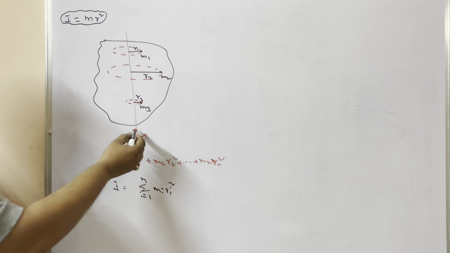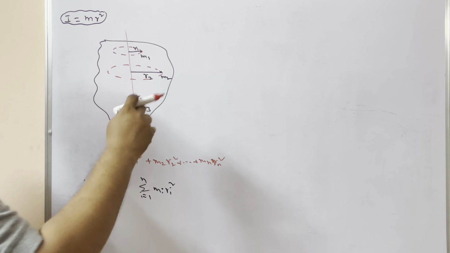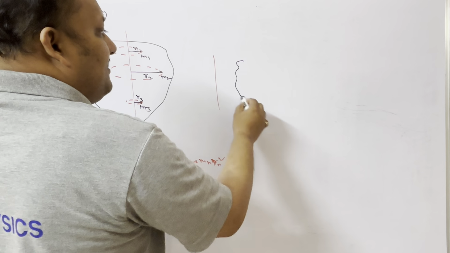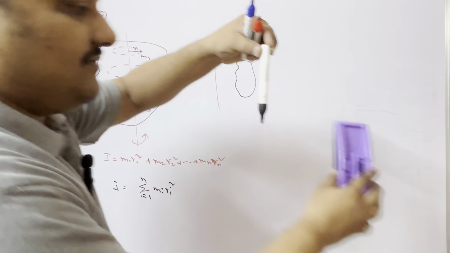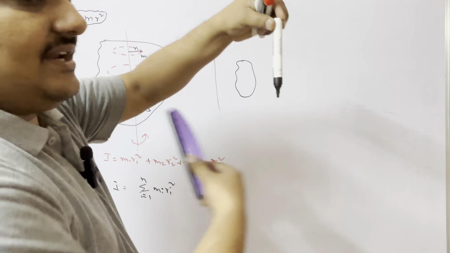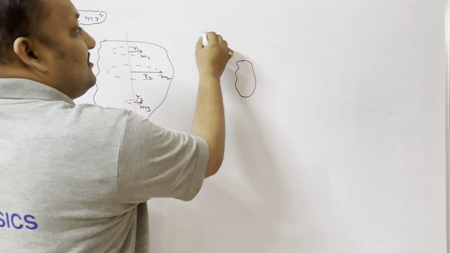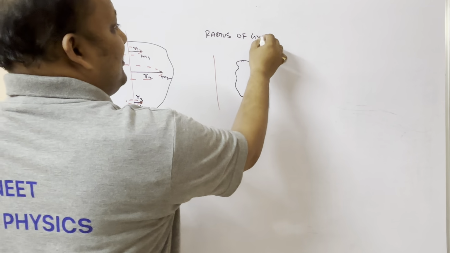The axis of rotation need not always be within the object. Sometimes the axis of rotation will be like this. The object may be rotating around this, isn't it? This is the axis of rotation if the object is rotating like this. At that time, they define the radius of gyration, denoted by k.